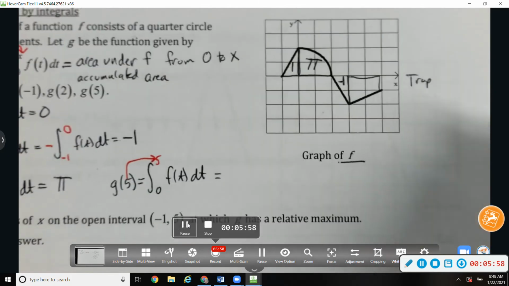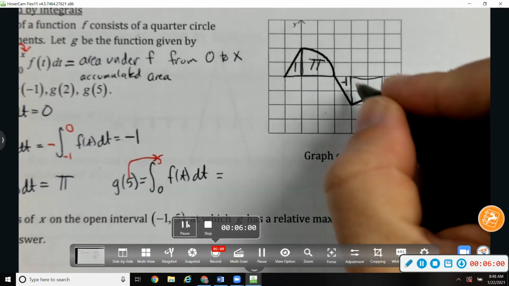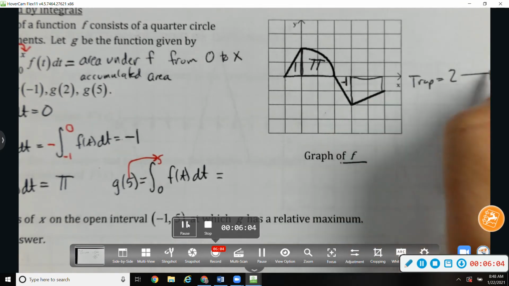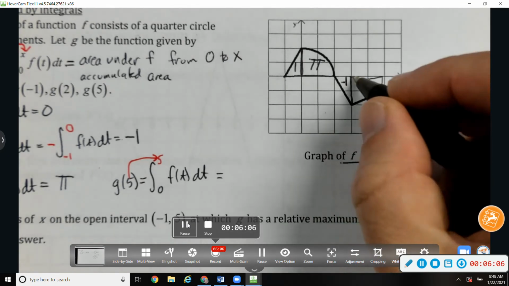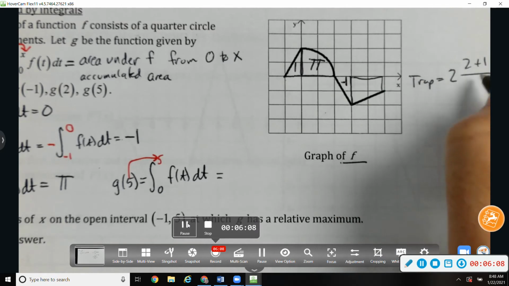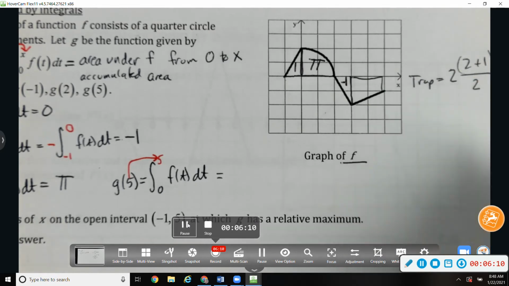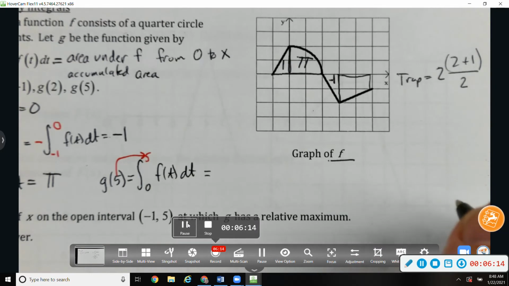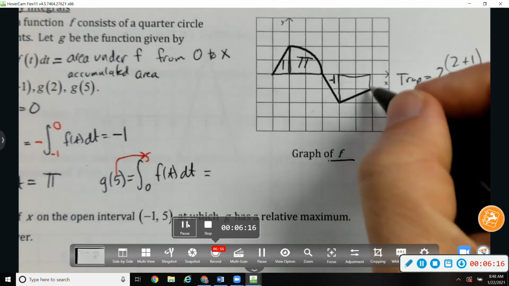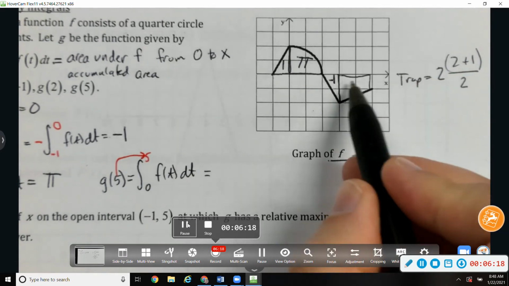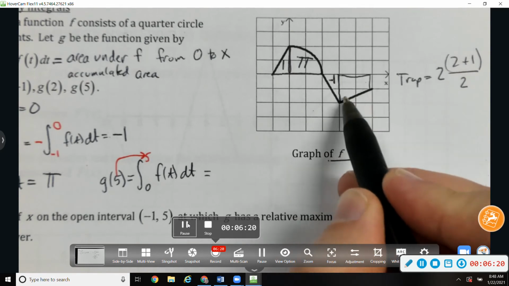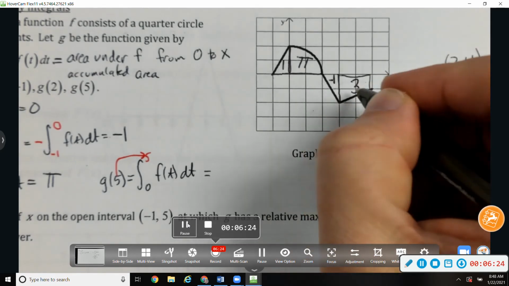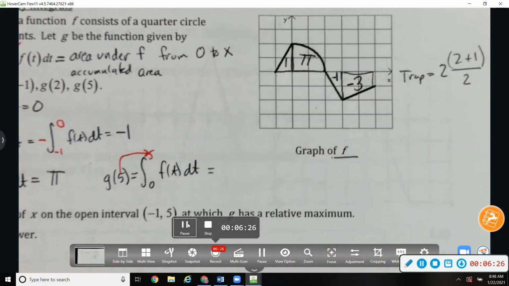A trapezoid is the average height times the width. So width is 2, and the average height is 2 and 1. So that trapezoid is 3. Or if you're really careful, you could just count the squares. 1 square, 2 squares, and then those two things put together would make 1 square. So 3, although it's underneath, so negative.